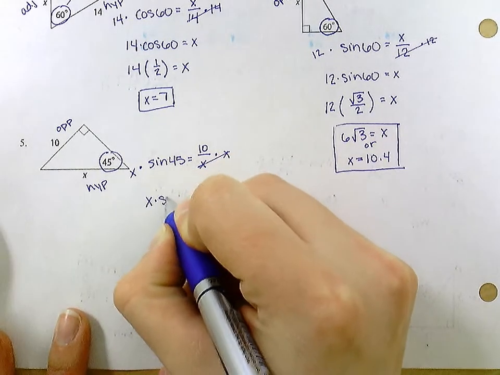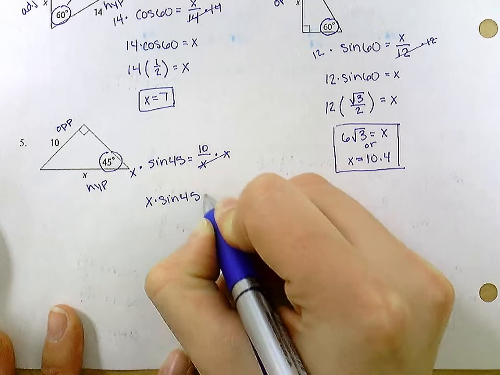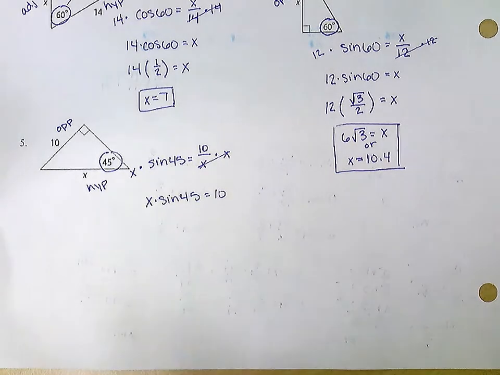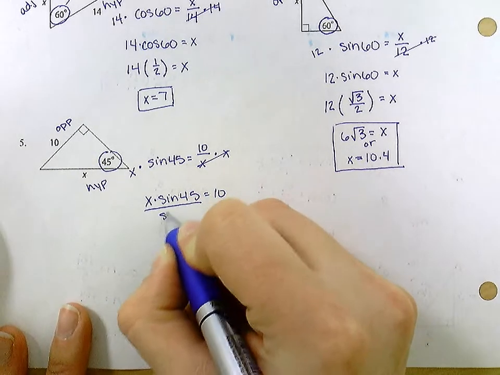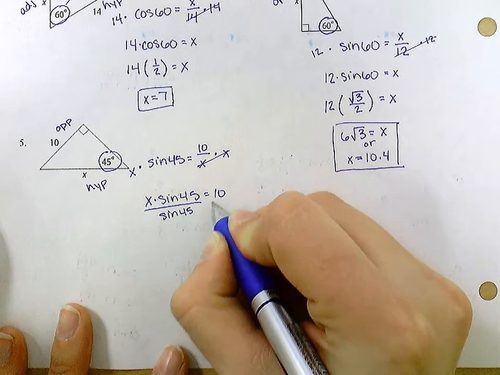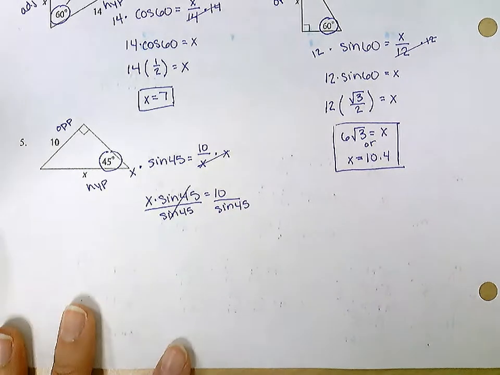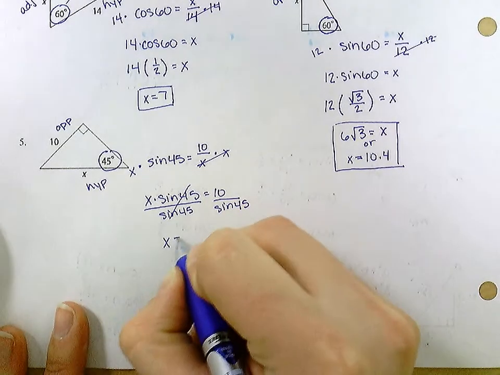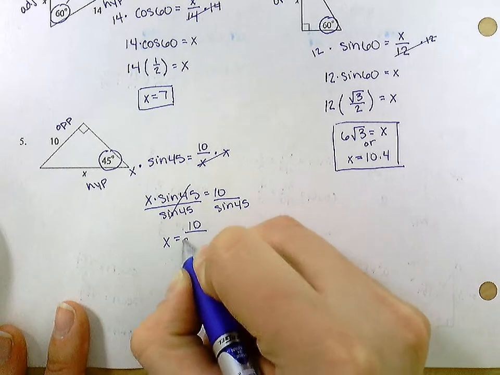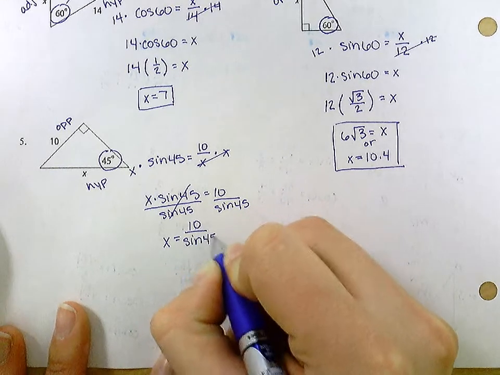So you have x times the sine of 45 is equal to 10. Now how do I get x by itself? Divide by sine of 45. Smart. So they cancel on the left then. So you have x equals 10 over the sine of 45.